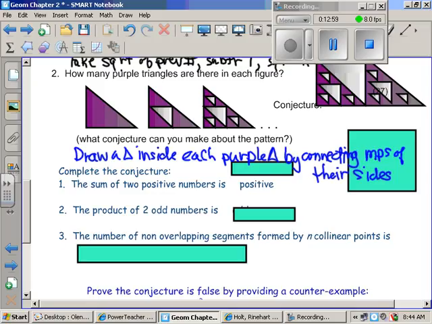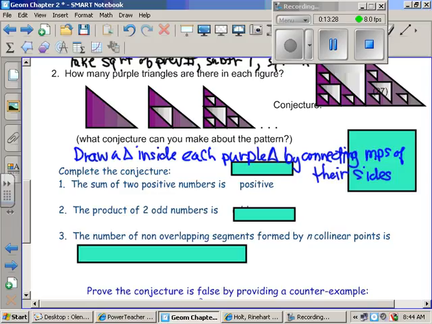No, that's right. Okay, the product of 2 odd numbers is, no, it doesn't say anything about positive or negative. It's odd and even. The product of 2 odd numbers. What's product mean again? Multiply. The product of 2 odd numbers is even. Can anyone think of a counterexample?